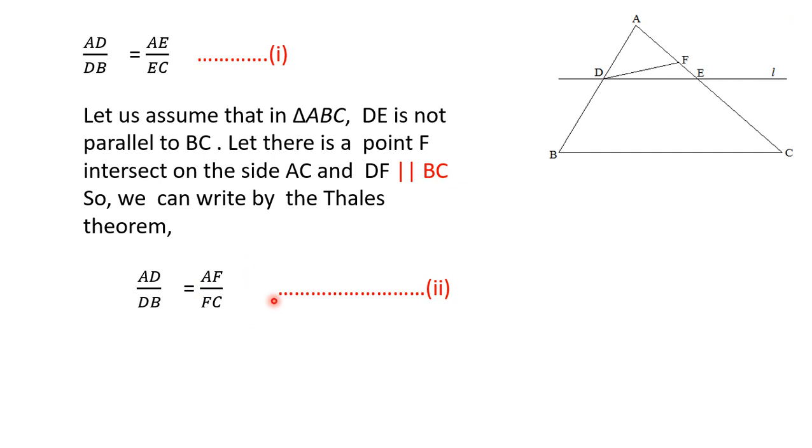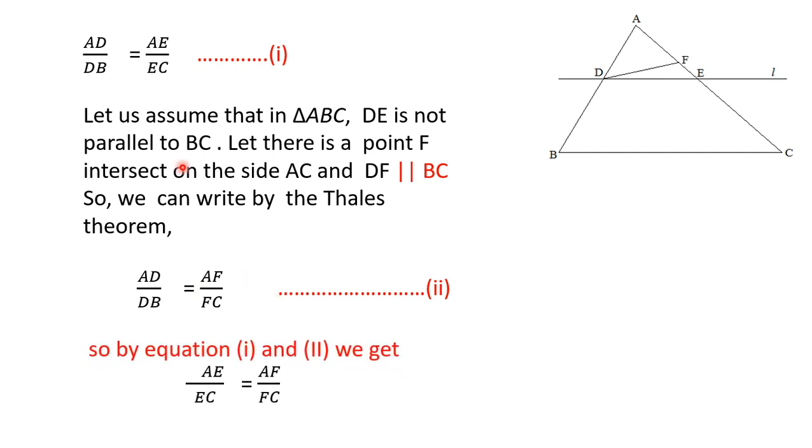Now by equation number 1 and 2, we observe that this one is also AD upon DB. So by equation 1 and 2, the right hand sides are same, so we can write AE upon EC is equal to AF upon FC.